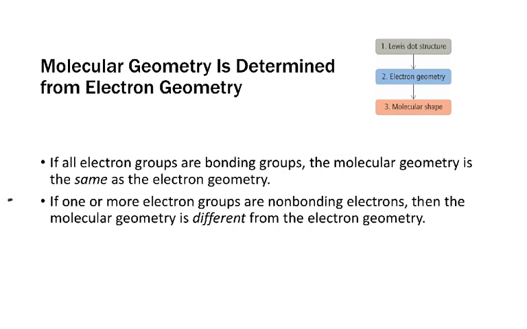But if one or more of the electron groups are non-bonding electrons, then the molecular geometry is different from the electron geometry. So in part 2, we are going to go through all of the possible combinations of electron geometries and molecular geometries.